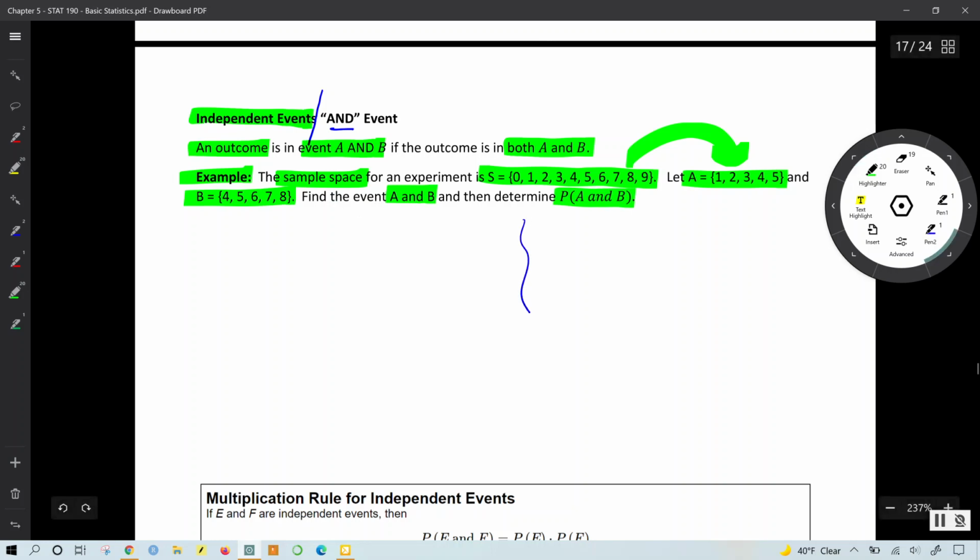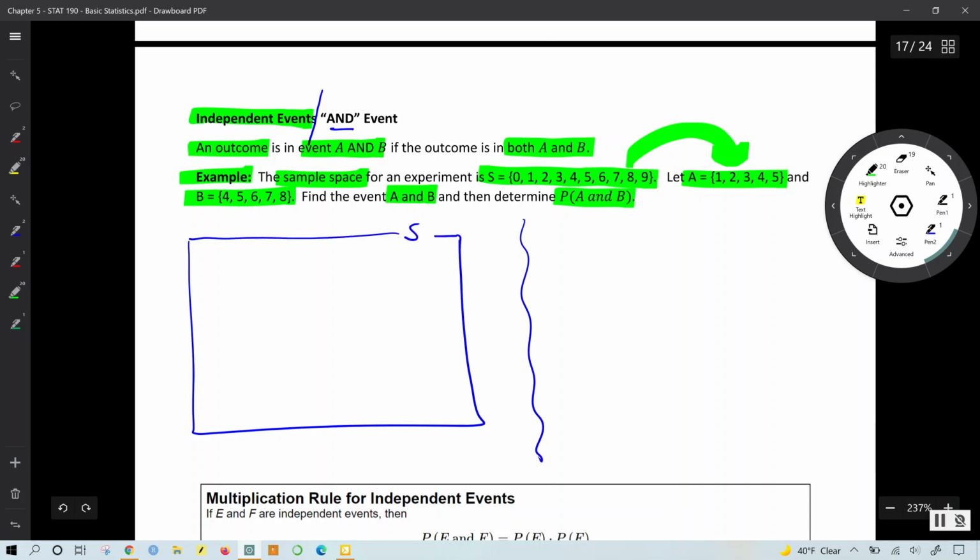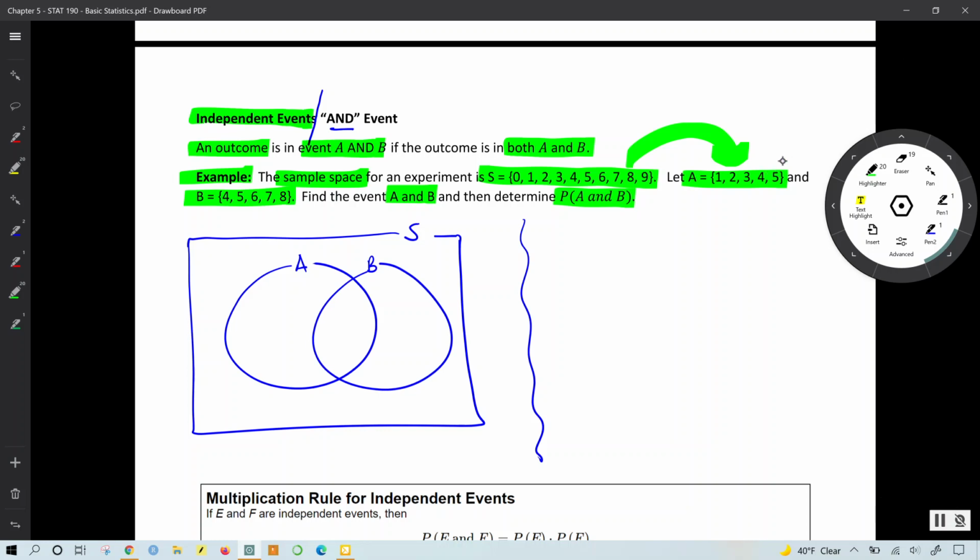Well, let us start with a visual. We have the sample space right here, and then we have the event A, and we have the event B. They have an overlap, where 4 and 5 are present in both events.